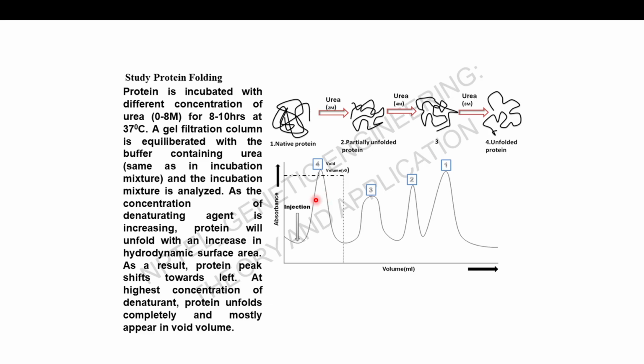It won't have access to the pores of the matrix in a gel filtration column, so it will elute out first, followed by the very well folded protein, the native structure, that will have a comparatively smaller hydrodynamic radius, right? And it will elute at the end as compared to the partially unfolded or completely unfolded protein.